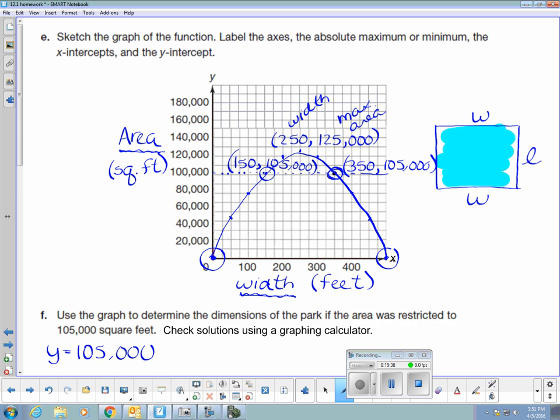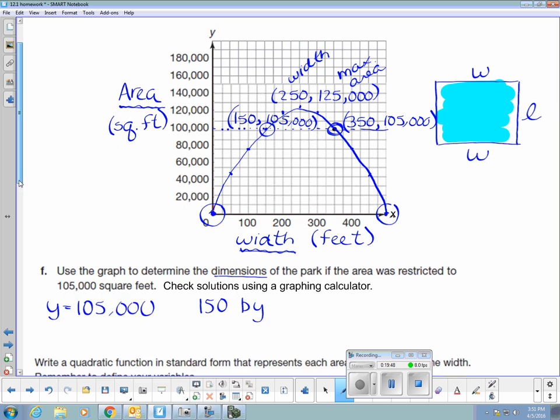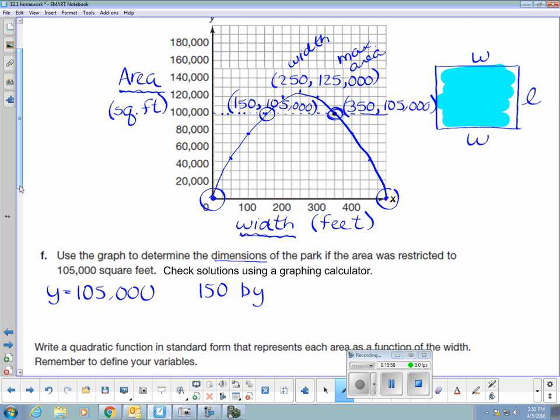So one of the dimensions of the park would be 150 by something that gives me an area of 105,000. So I need to find 150 times something that gives me an area of 105,000.